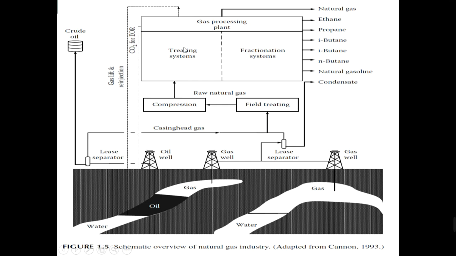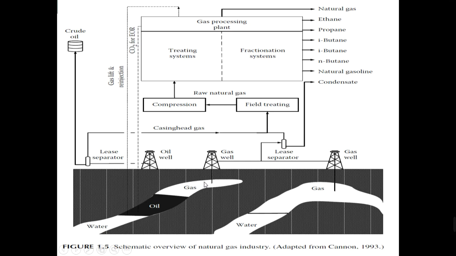These treatment processes depend upon the composition of this gas. For example, this gas might have CO2, so we have to remove the CO2. But this gas might not have nitrogen, so we don't need to put the nitrogen removal unit here. This gas may have H2S, so we have to put the H2S removal here.